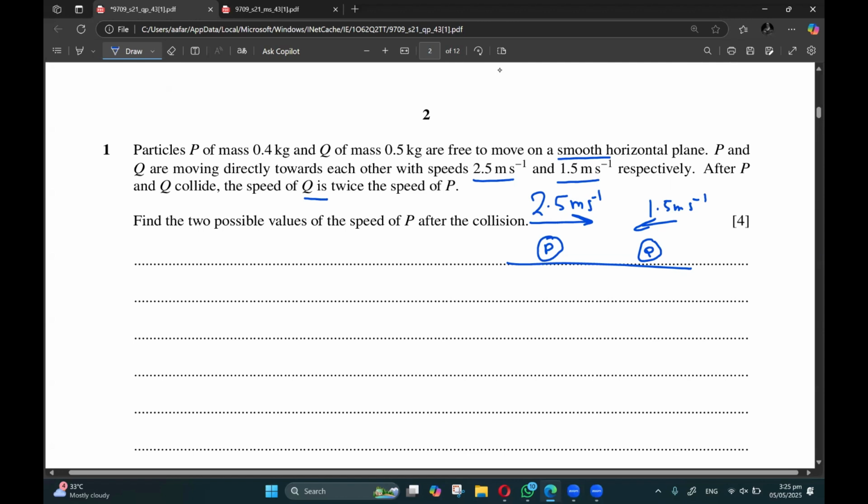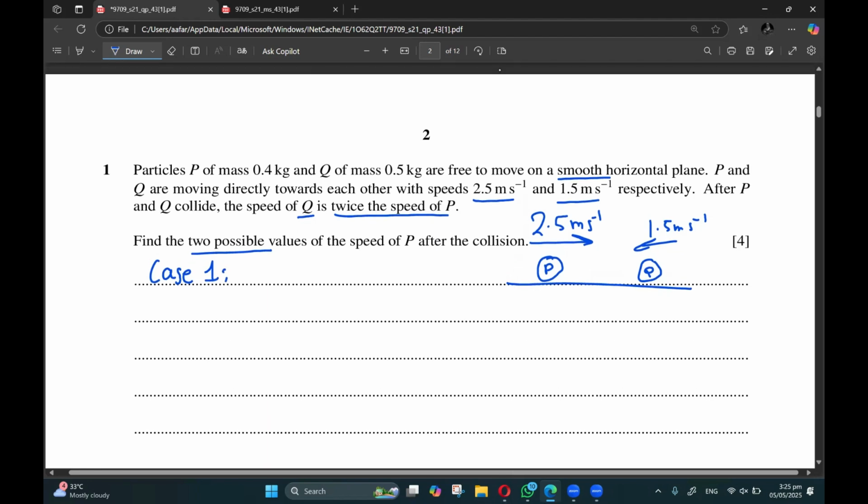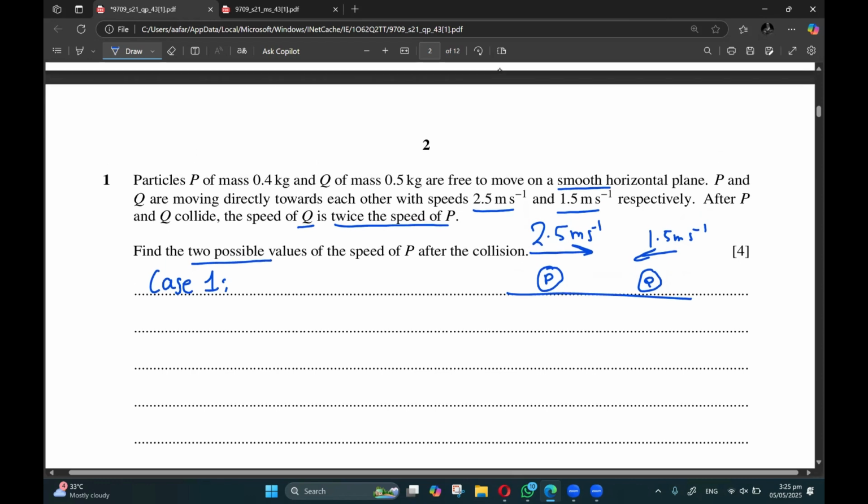Okay, and the most important information in this question is that the speed of Q is twice the speed of P. So that means the two possible values, let's say for case one, the speed of Q is 2v and the speed of P is v.